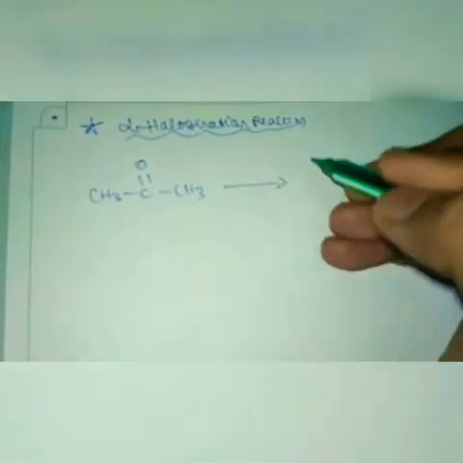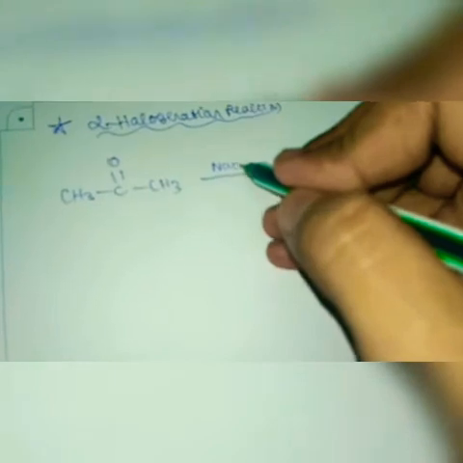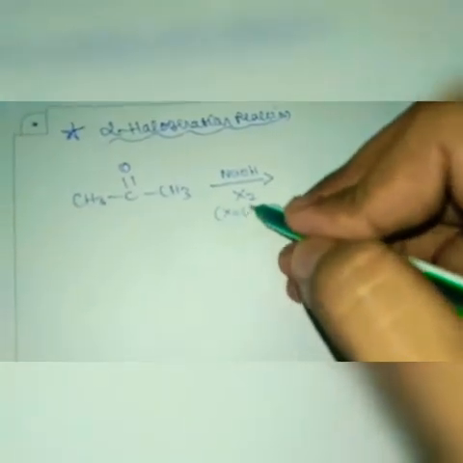We will take again the same example, CH3 C double bond O CH3 first, in the presence of some base and some halogen X2, where X is equal to Cl, Br, I. Generally, we will not take fluorine because, because of its small size, the reaction explodes basically.